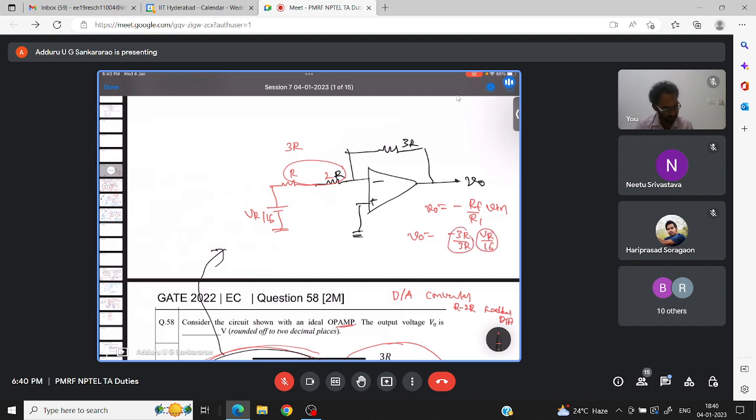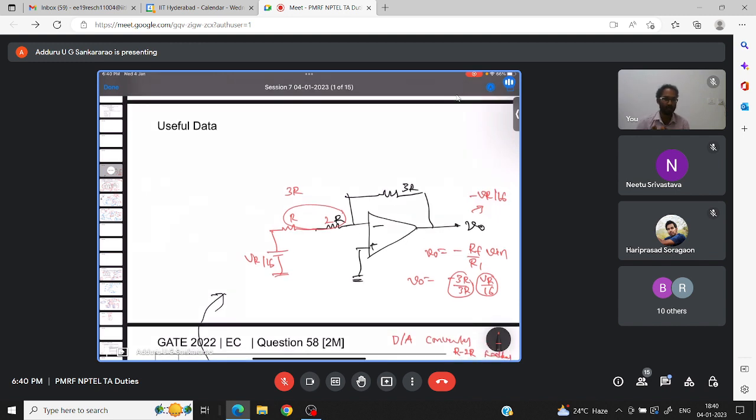That means minus VR by 16. Okay, that is for the LSB. This is called step size. Only you consider LSB, remaining all bits you make 0, then that is called resolution or step size. This is step size.